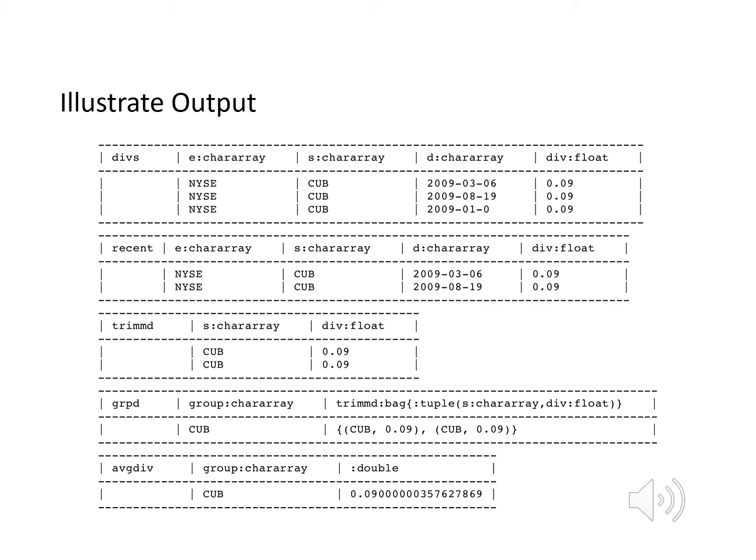In this example, the filter dividends by D greater than 2009 January the 1st would remove no records in the input, so we can see how Illustrate can manufacture records that will be removed. And as explained, Illustrate can be given as a command line operation rather than modifying the script.